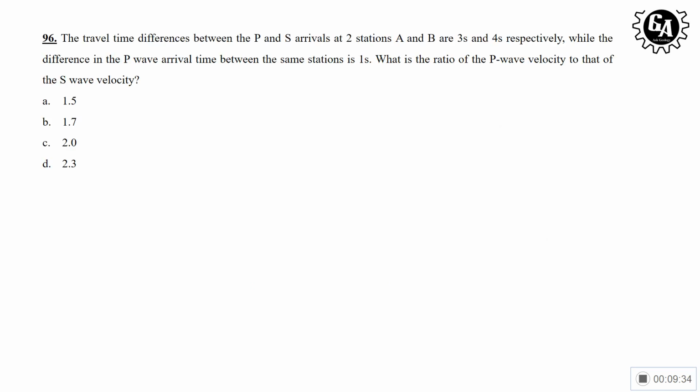Now what will the second equation be? Now we see what it has given. Ts minus Tp at station B is equal to Tb times (Vp by Vs minus 1).